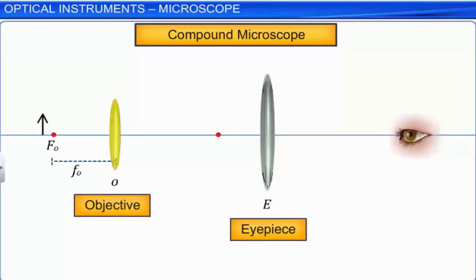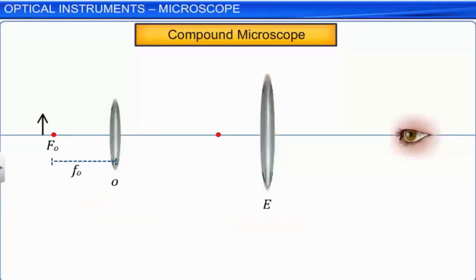Let a small object AB be placed at a distance that is just greater than the focal length of the objective, f_O. When the light rays from the object are incident on the objective, it forms an image A'B', which is real, inverted and magnified.